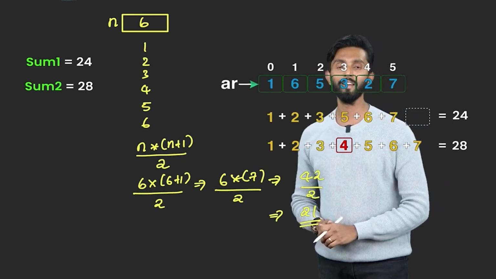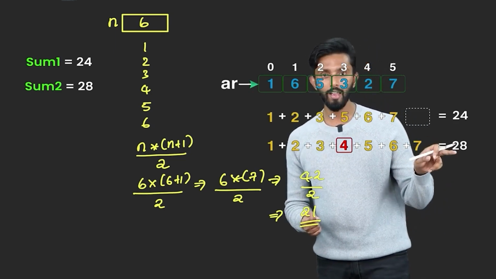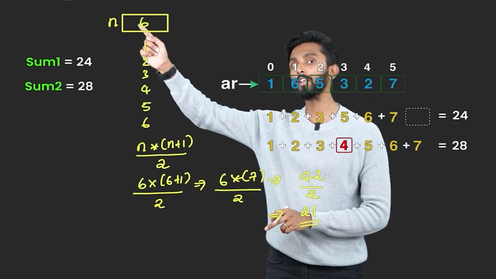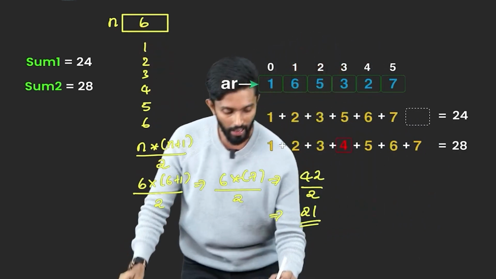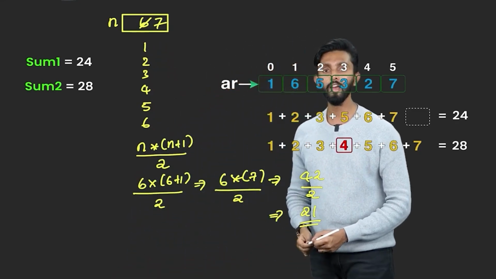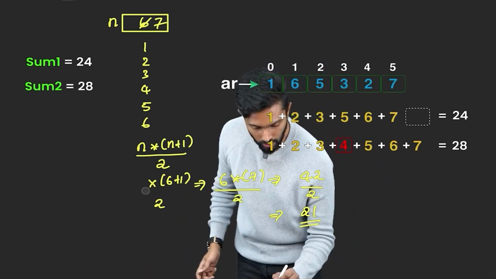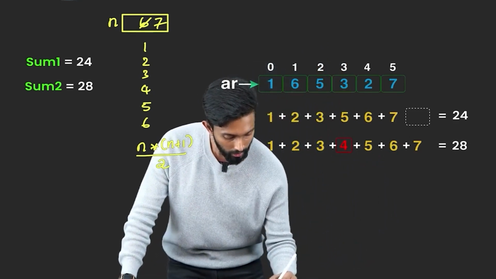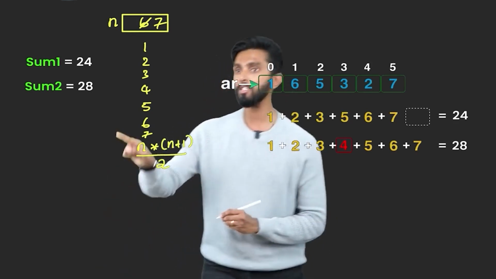I agree. If you want 28, then tell me, this n value should not be 6. What should the n value be? N value has to be 7. I hope you're able to understand. If n value is 7, now this 6, you will have one more number, 7.